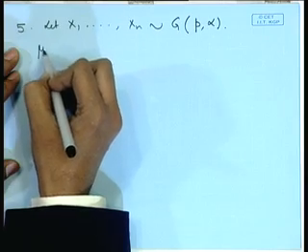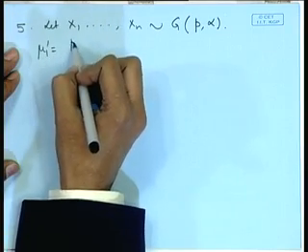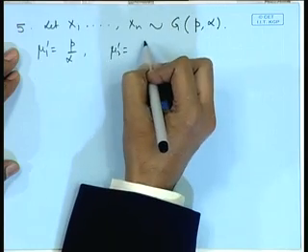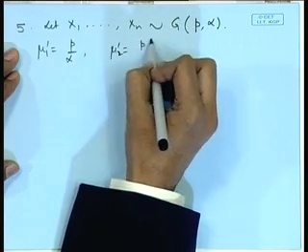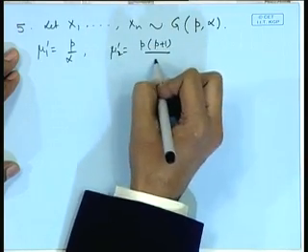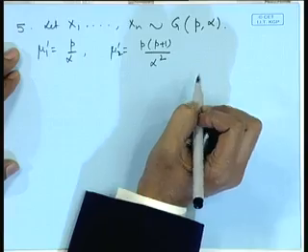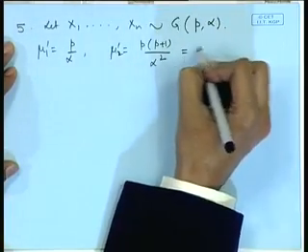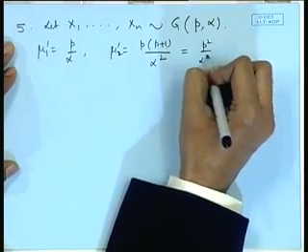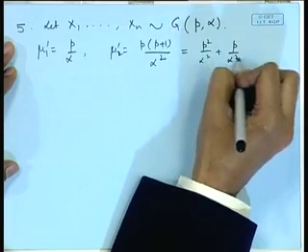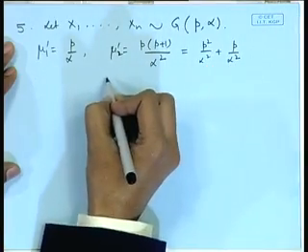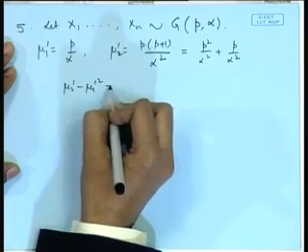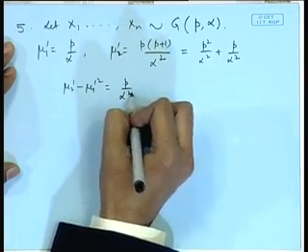So, here mu 1 prime is equal to p by alpha and mu 2 prime is equal to p(p+1)/alpha square. So, once again, if you want to solve it, we will get p square by alpha square plus p by alpha square. So, mu 2 prime minus mu 1 prime square is equal to p by alpha square.